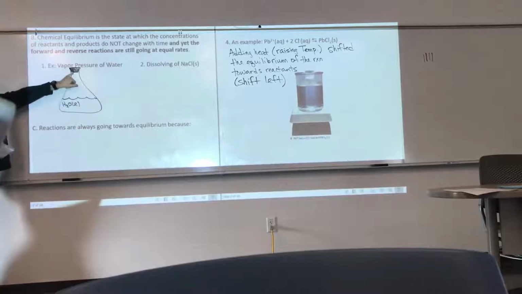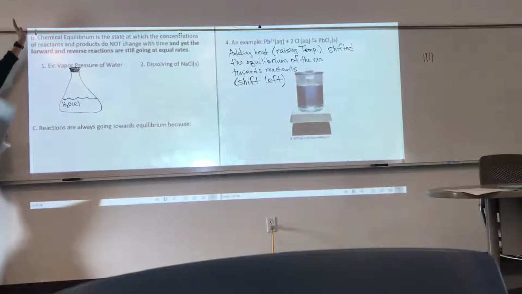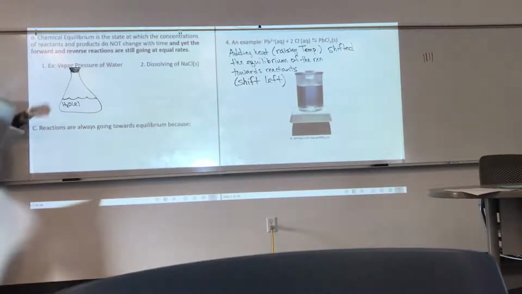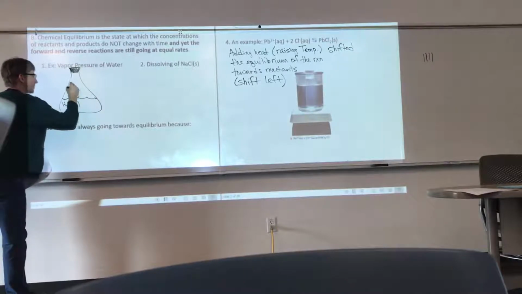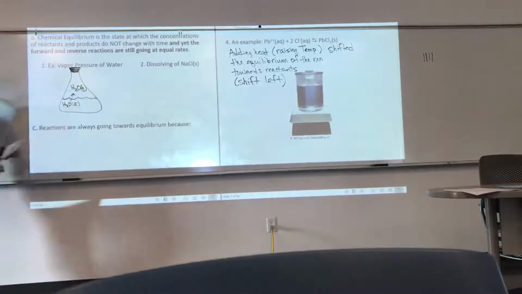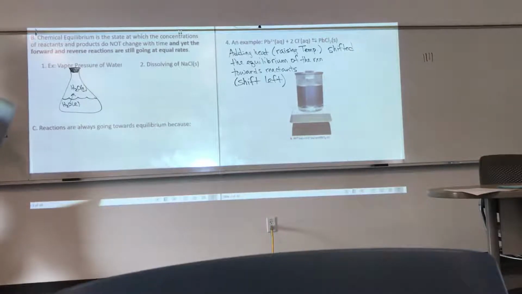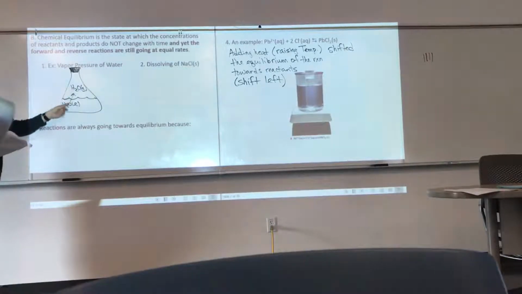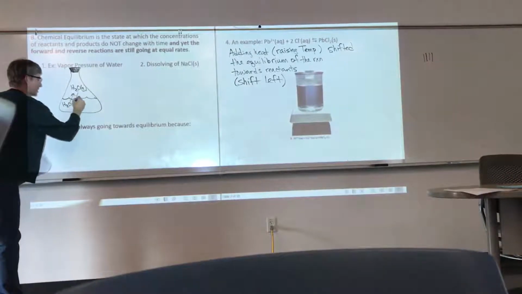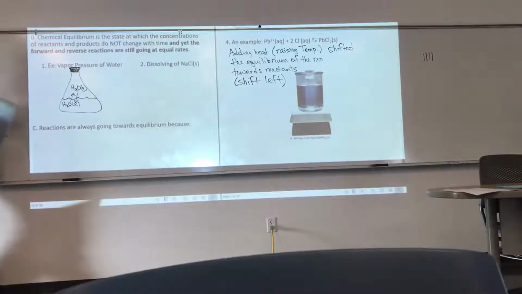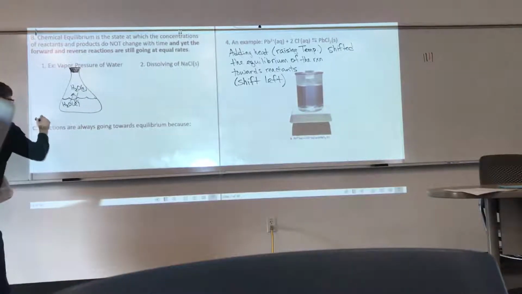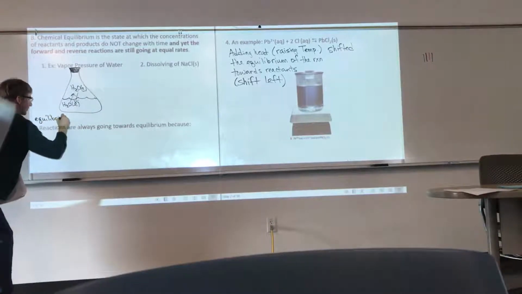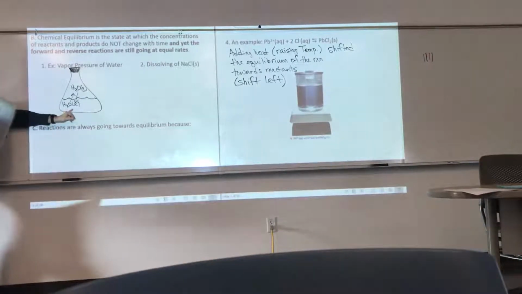If there's no stopper in here, H2O liquid evaporates and leaves the container. Once you put the stopper in there, H2O evaporates, makes H2O gas or water vapor. That keeps happening. More and more evaporates until equilibrium is established. And then equilibrium is the state in which it is the vapor pressure. So equilibrium would be rate of evaporation equals rate of condensation.